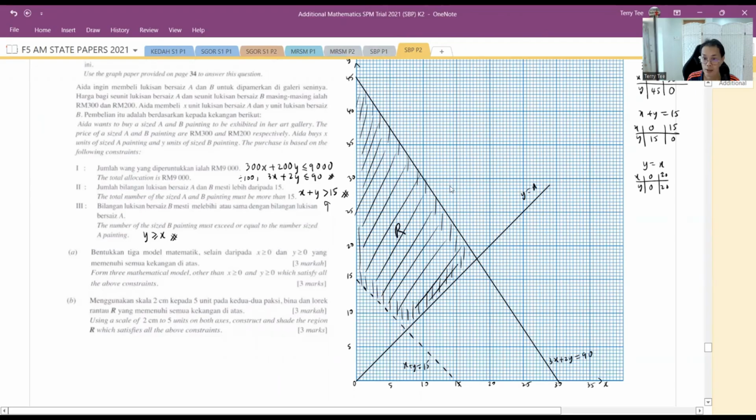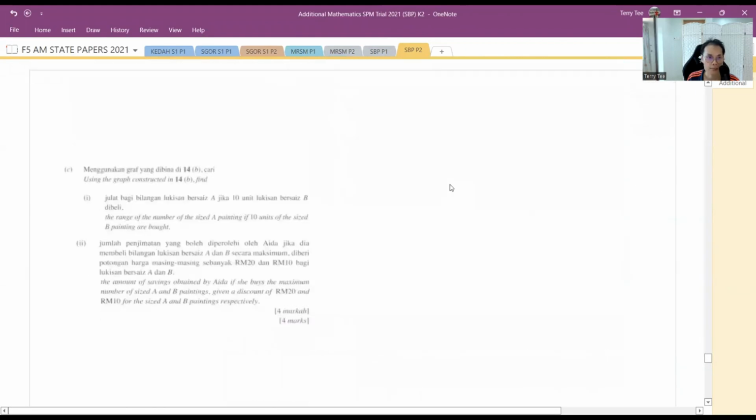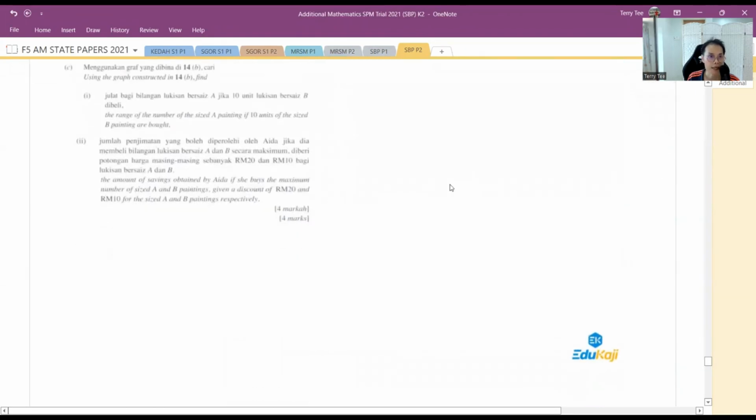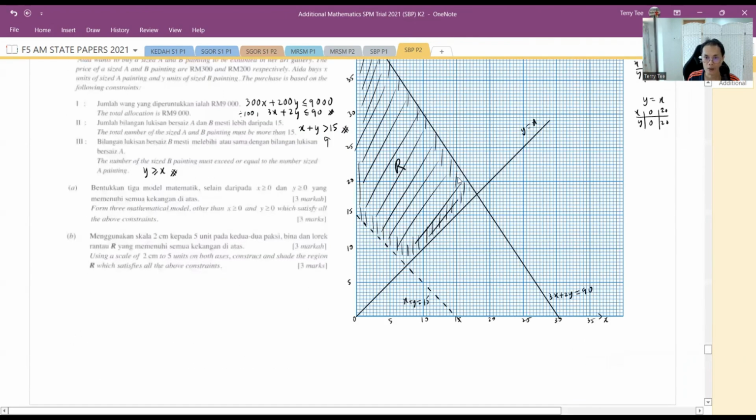Let's move on to the second part, part C here. Find the range of the number of size A paintings. Size A is X. If 10 units of size B are bought, size B is Y, so Y is 10. What is your X? We can draw a dotted line here. This is your X and 10, so it's between 5 and 10.